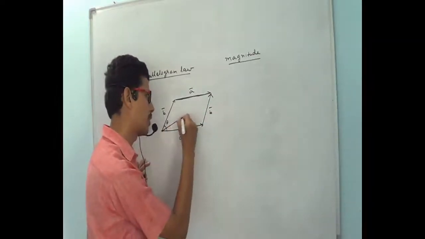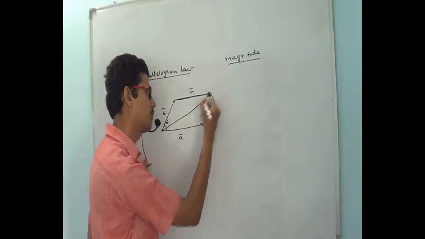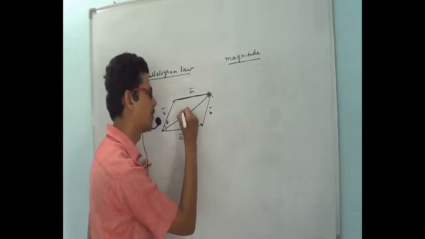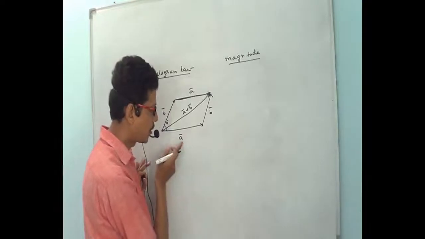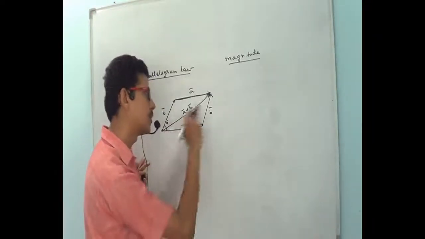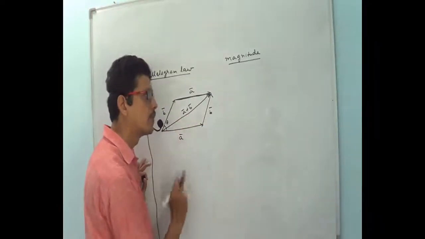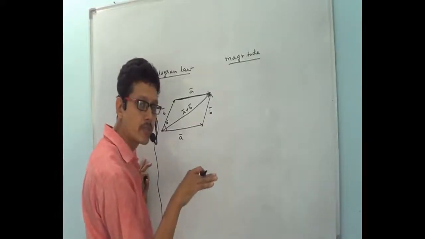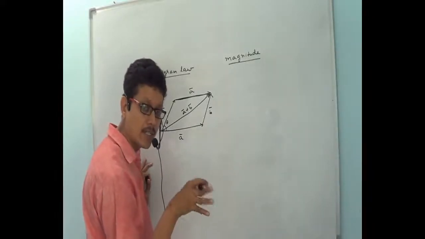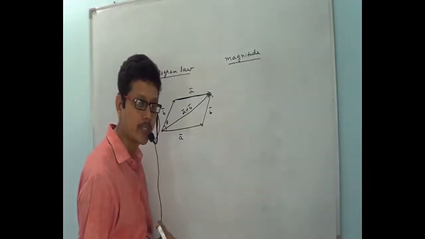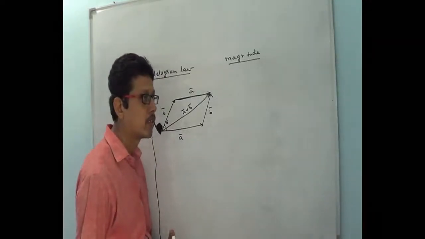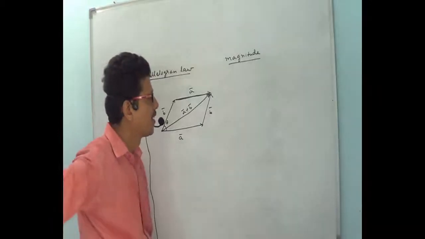This diagonal we have to take. This is A bar plus B bar. From the triangle also you can understand that this is A bar, this is B bar, and this is A bar plus B bar. This is correct only, na? So in the parallelogram law of vectors we say it is the diagonal of the parallelogram drawn from the same common point. Write down the statement first.